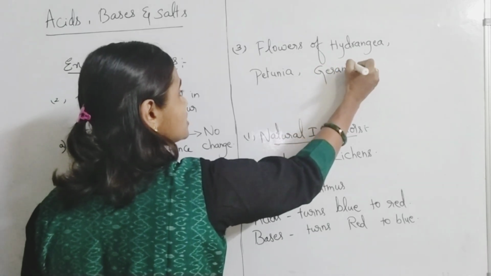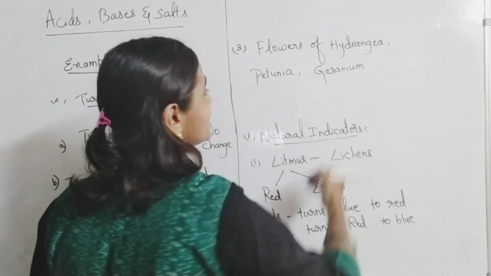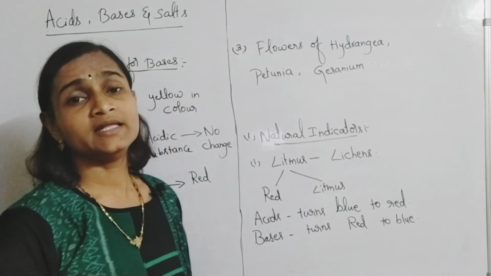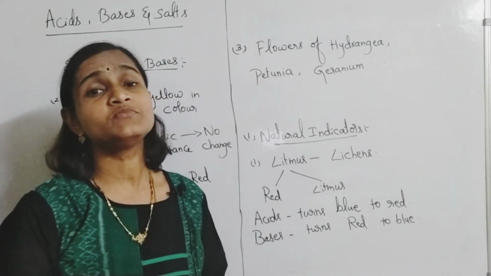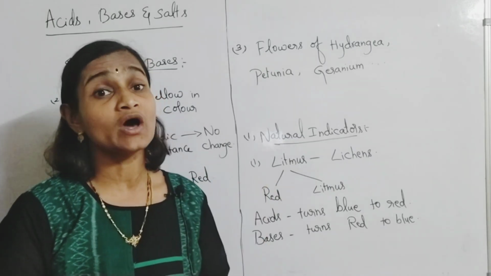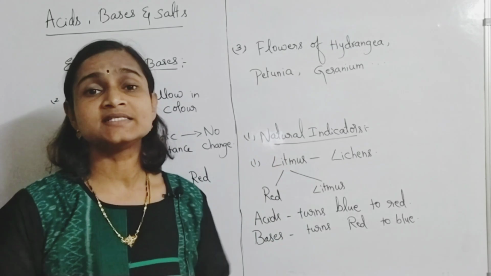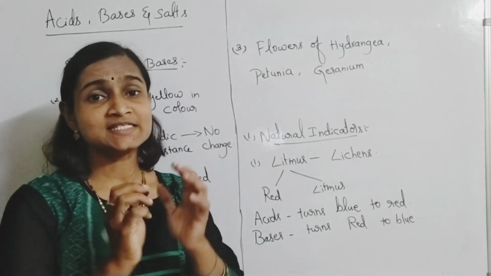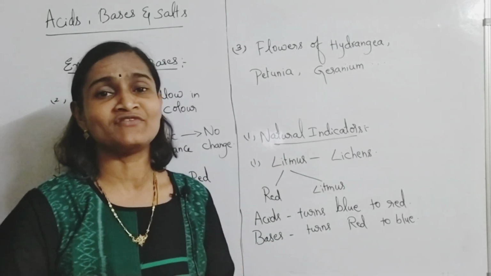These are certain flowering plants, and they are also natural indicator substances. The color of the flowers will keep changing with the change in the acidic or basic nature of the soil in which these plants are planted. Please understand the point carefully, it's very peculiar for us.